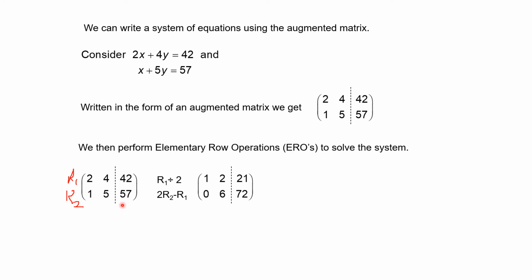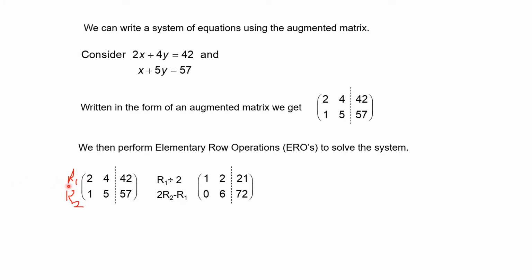So 2 minus 2 would be a 0. The other elements follow through the same operation for the second row. So 5 times 2 minus 4, so 10 minus 4 is 6. And 57 times 2 minus 42, you will get 72.